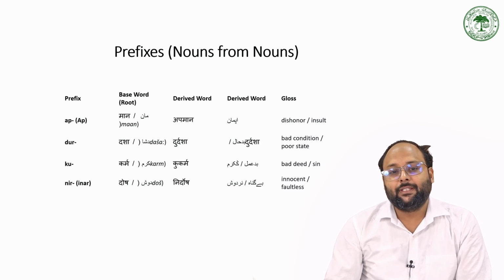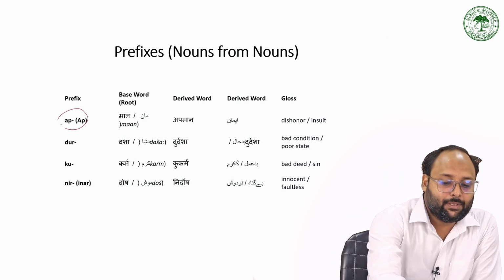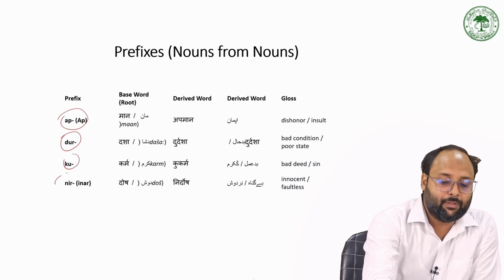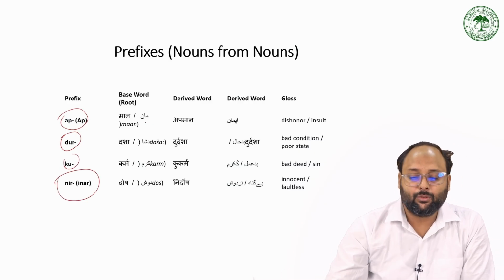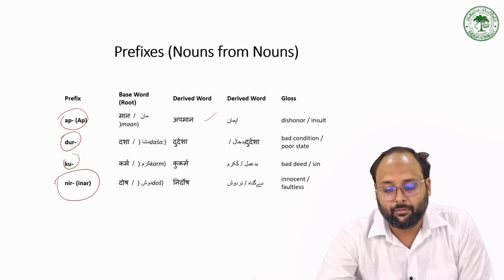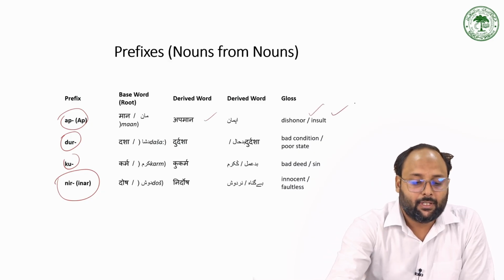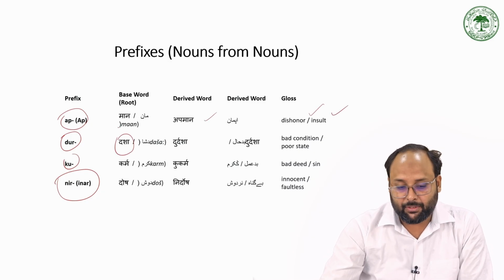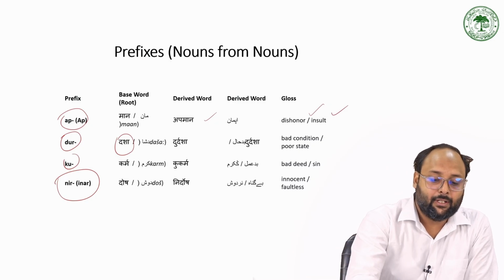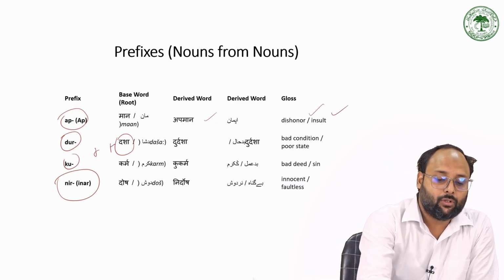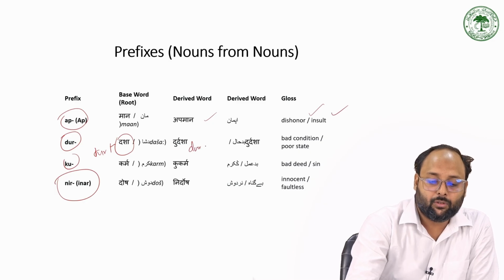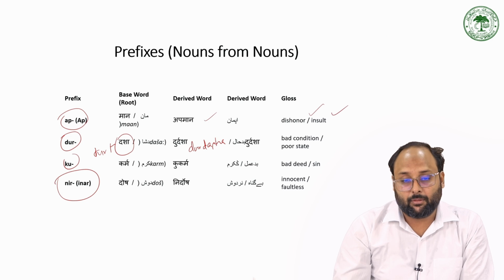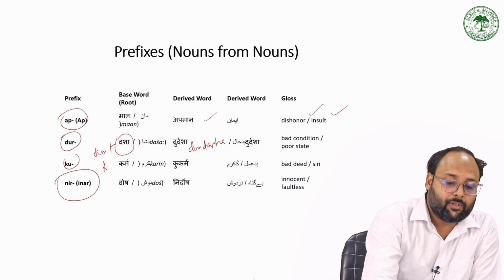Other prefixes, like we have up, we have dur, we have ku, and we have nir. So from up, the base word is man, so it becomes upman, the meaning of dishonor or insult. Dasha is the base word, so we can add the dur prefix. So it becomes durdasha. Karam becomes kukaram. So there is a ku prefix we are adding here.